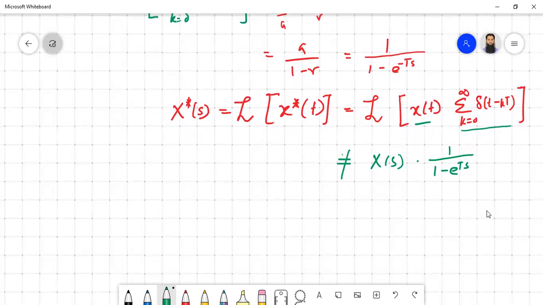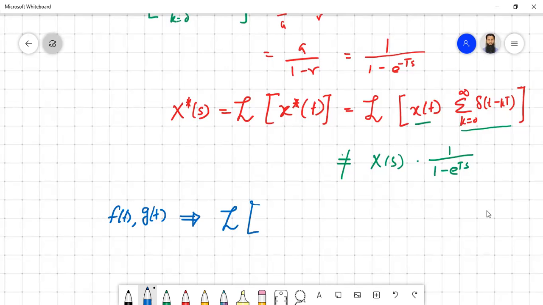What does the theorem say according to the Laplace transformation theorem? If we have two functions, say f(t) and g(t), then the Laplace transformation of the multiplication of these two is the integral over 0 to infinity of f(t) g(t) e to the minus st dt.